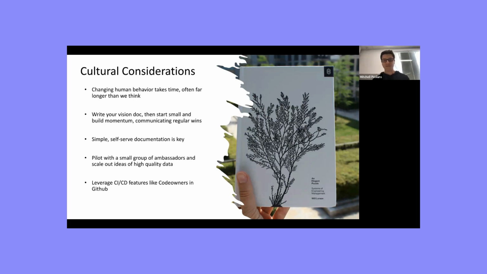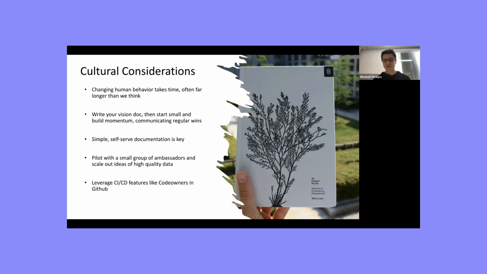And in order to help with that, some tips from this great book, An Elegant Puzzle, that we're reading currently at Assurance, written by Will Larson, staff engineer at Stripe and Uber. Highly recommend this book. He talks about the importance of writing vision documents that you can circulate and get feedback on and refine. Simple one-pagers that explain what your team's purpose is, mandate, values it brings, so that you can then start small, build momentum, and communicate regular wins to the people whose behavior you're trying to change.